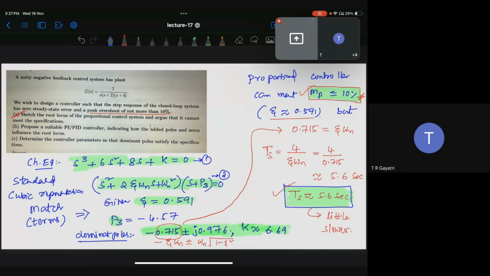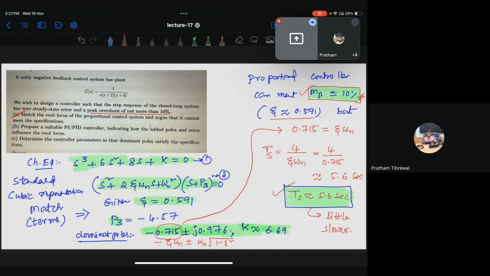Sir, how do you decide it is a little slower? What should be the ideal value? 5.6 seconds is much very high.